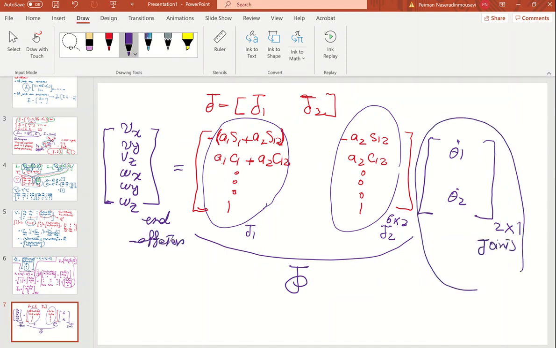So you have a 6 by 2 matrix that transfers the joint velocities to end effector velocities in space. No doubt that Vz is going to be 0, right? Because this is planar, there's no velocity in this direction.